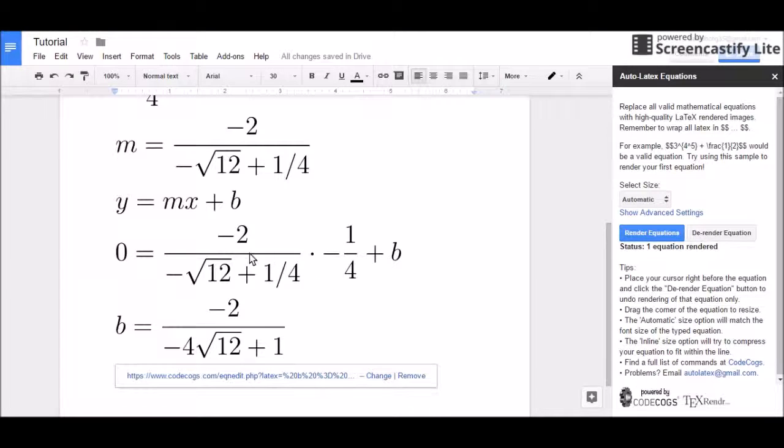Yeah, and it makes sense for b to be negative because it's negative and negative makes a positive. And when we subtract it over, it becomes negative again.